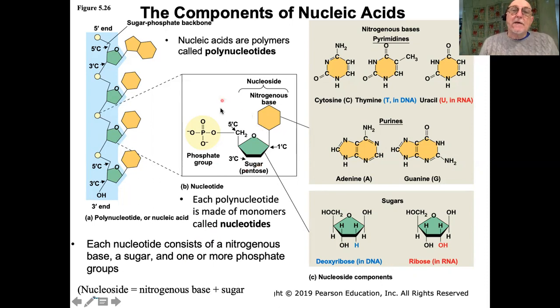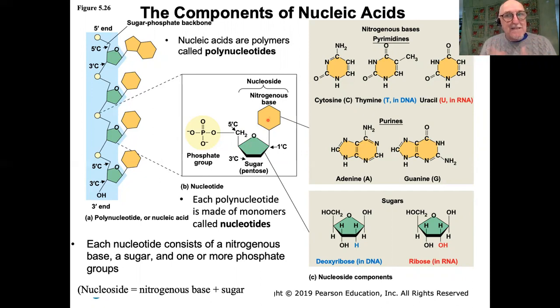So let's start here. This is the monomer. This is a basic monomer of which all nucleic acids are made up. It is a nucleotide. And a nucleotide consists of three parts. It consists of a sugar in the center here, a nitrogenous base. Nitrogenous base, that simply means a ring structure, very rich in nitrogen, which is slightly basic.